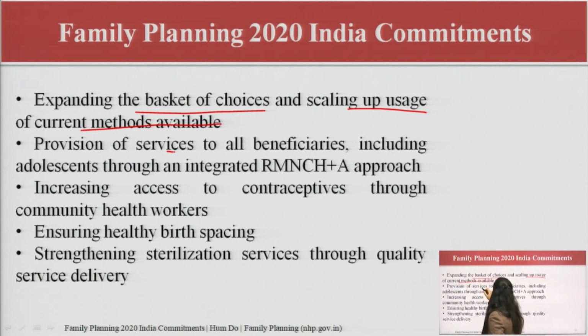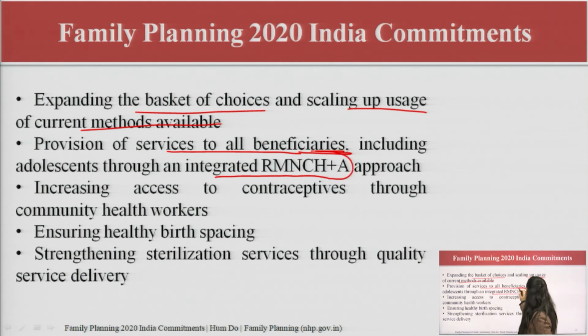Yes, provision of services to all beneficiaries, including adolescents, through an integrated RMNCH+A approach. This is under the umbrella I told you about previously. So the services should be provided to all of these: reproductive, maternal, newborn, child health care and adolescent age.